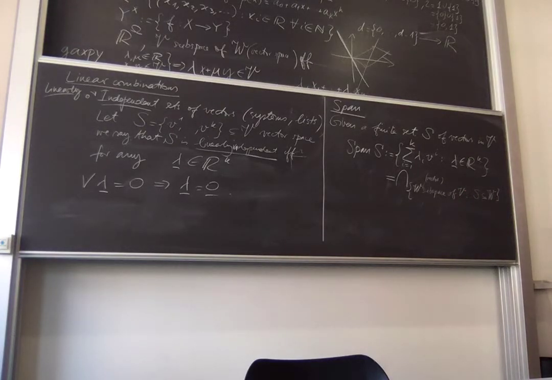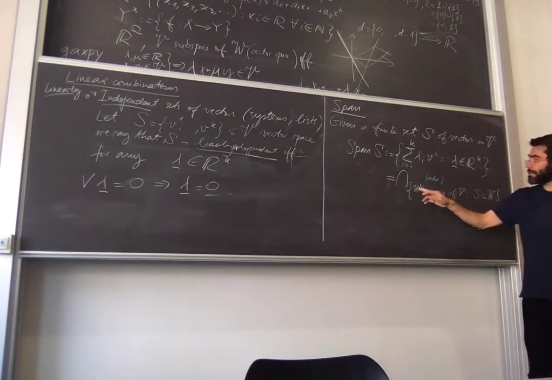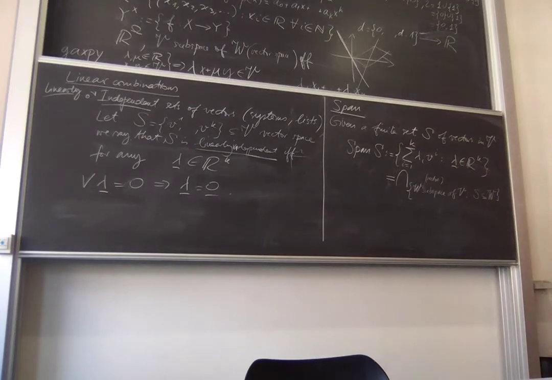Of course, this collection of subspaces is not empty, because V itself satisfies this property, trivially. So I can take its intersection. Intersection means those who satisfy all of it. So it turns out that this is a subspace and it's equal actually to the span. This allows you to do it without having to use the linear combinations.